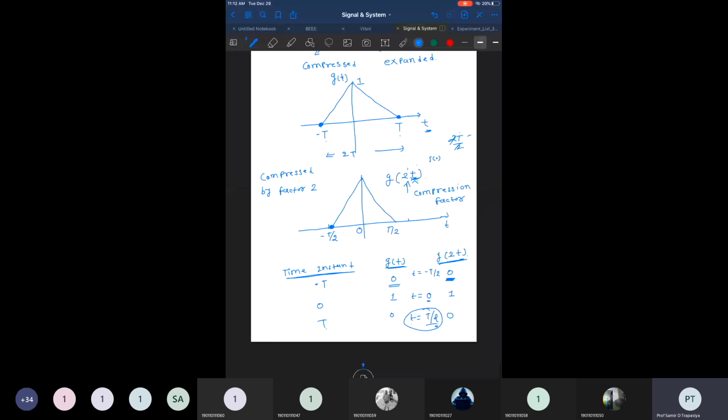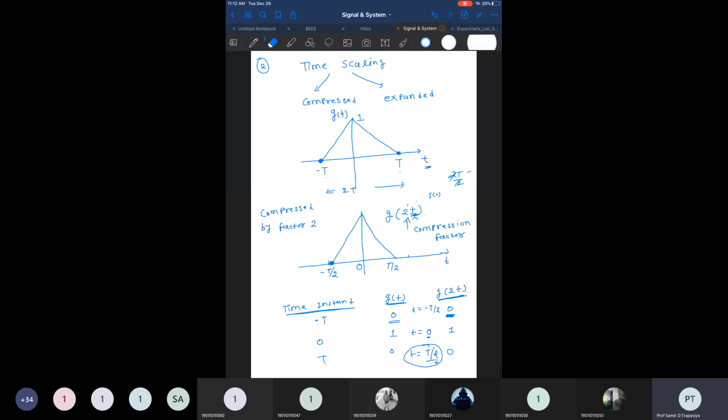If you are multiplying with some value, here our scaling factor is 2, so a is equal to 2. If you are multiplying the signal with 2, it means you are compressing it by the same factor 2.